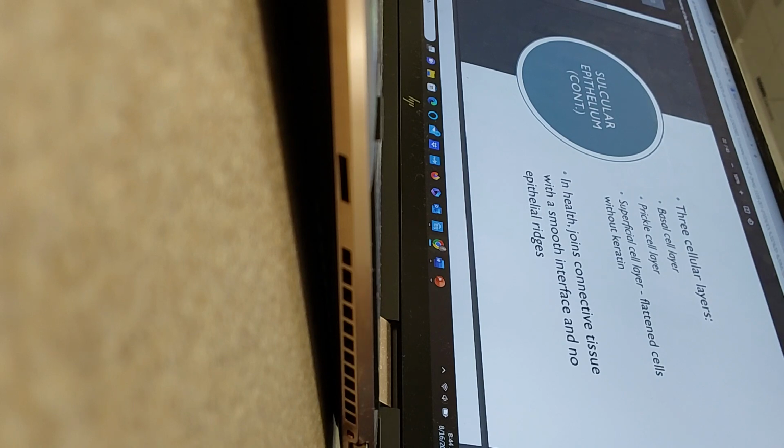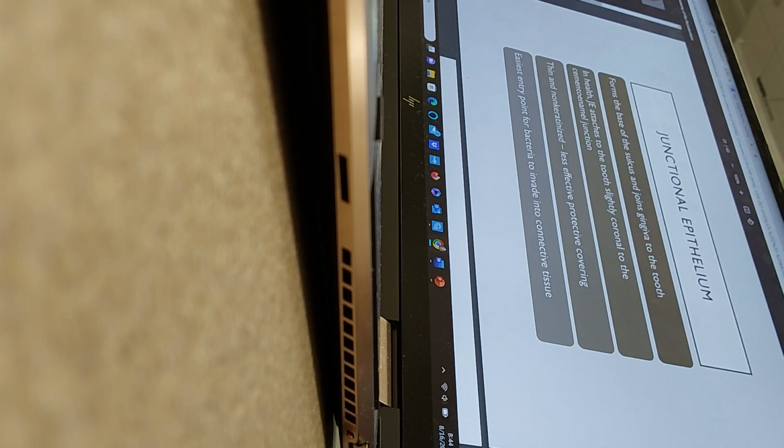Okay, we've also learned a lot about junctional epithelium, right? Here it is on a more histological, more microscopic anatomy level. It forms the base of the sulcus, joins the gingiva to the tooth. In health, it is slightly coronal to the CEJ. You guys already know that, right?